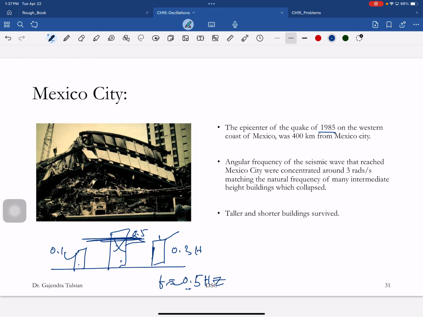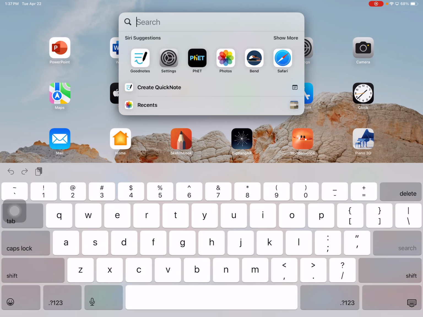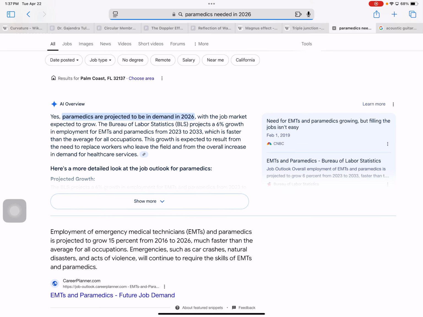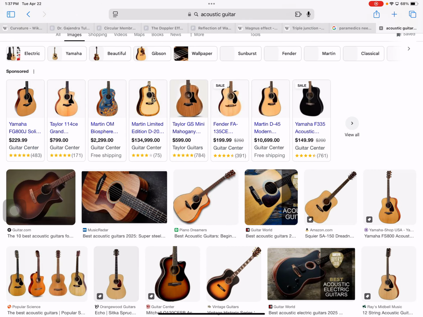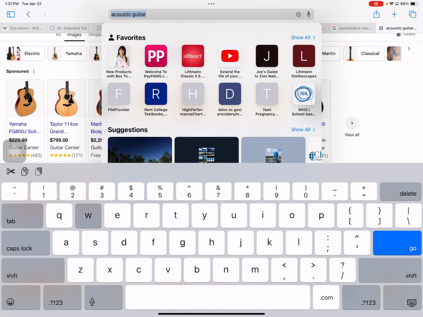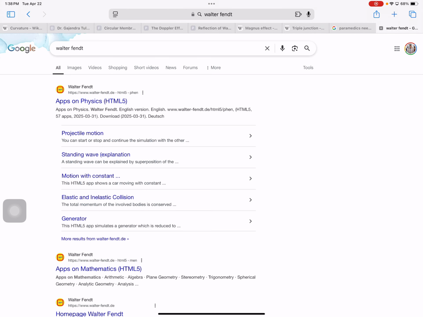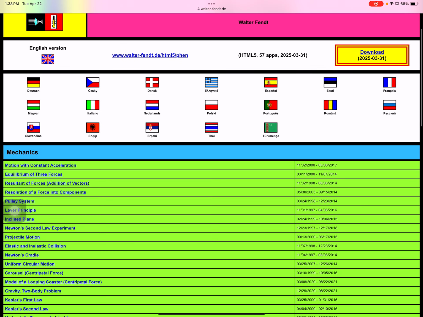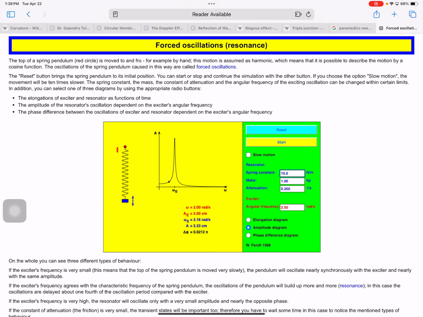So let me show you. That phenomenon is called resonance.